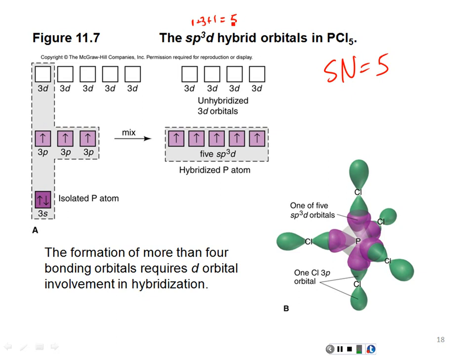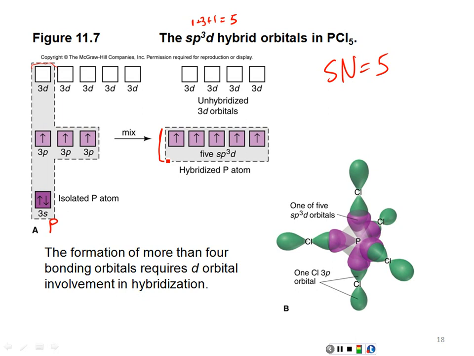So if we look at phosphorus pentachloride, the central phosphorus atom now, it has 5 valence electrons, 2 in the 3s, and then 1 each in the 3p. But if we're forming a molecule with the steric number of 5, we need to add 1 of the 3d orbitals. When these mix, they make 5 identical sp3d hybrid orbitals, shown here.